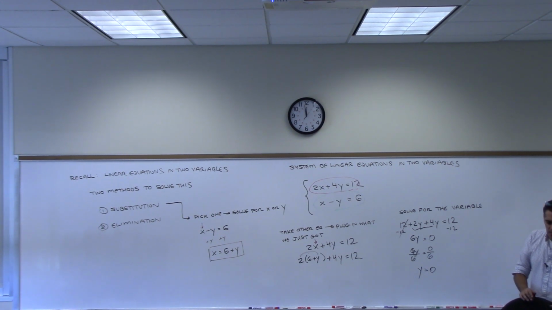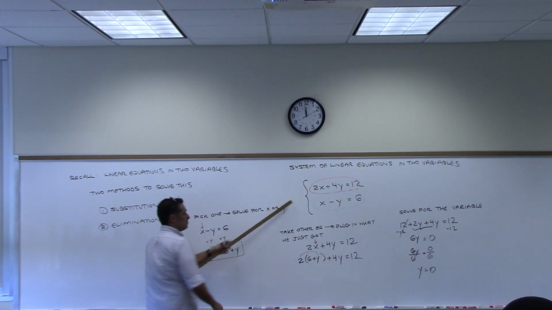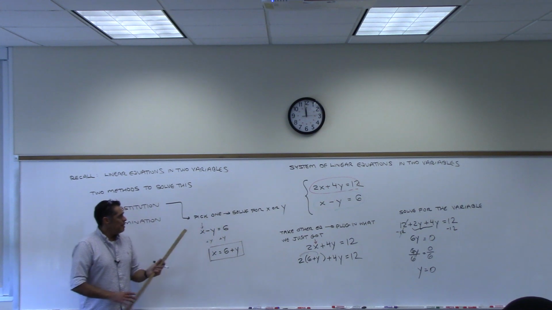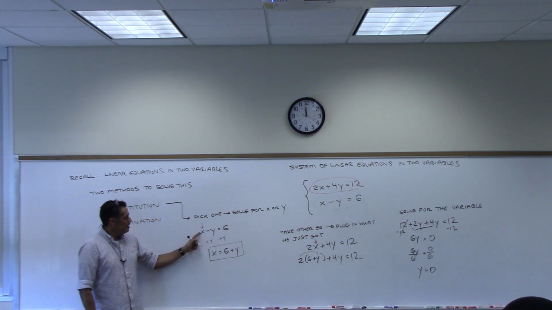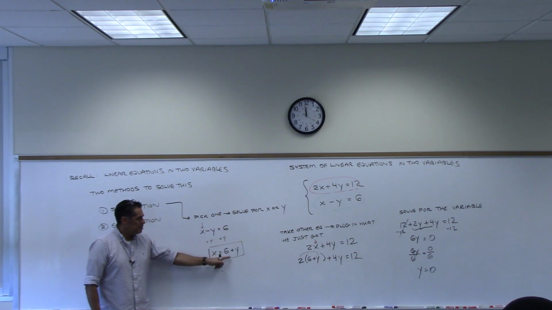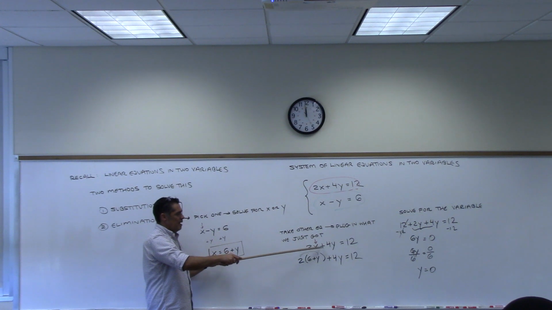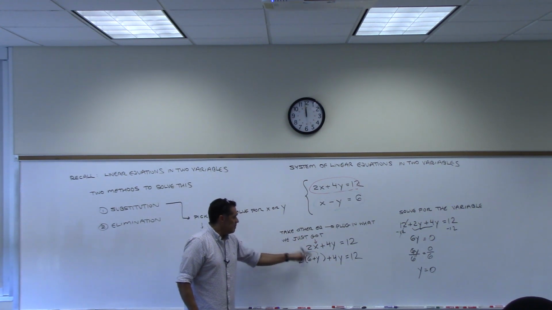All right, let's run through this again real quick. We had a system of equations, right? Two equations, two unknowns. What I did first is I picked one of them, the bottom one. I solved for x because it looked easy. So I moved the y over and solved for x. Now I took the other equation that I didn't pick, wrote it down, and replaced the x with what I just solved for. Then I solve this for y.